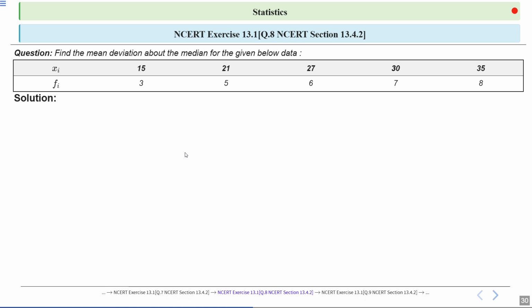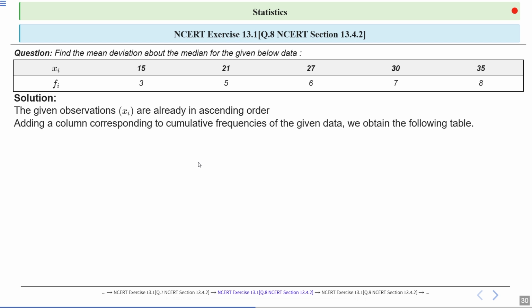So let's solve this question step by step. First, let's check if the xi values are in ascending order. The values are 15, 21, 27, 30 and 35. So we have to arrange this data in ascending order.